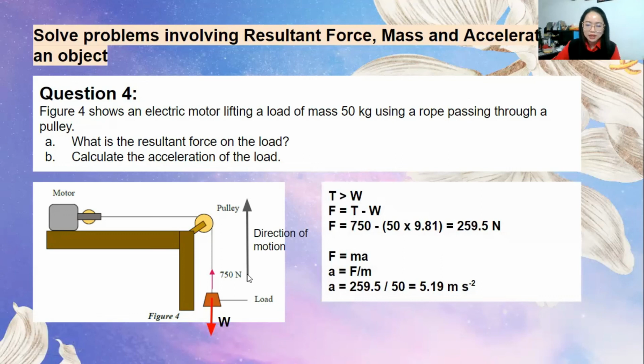I know that T will be greater than W, because it is moving upward. So F is equal to T minus W, 750 minus 50 times 9.81, I get 259.5 Newton. Next, I'm going to find my acceleration. F is equal to ma, a is equal to F over m, so a is equal to 259.5 divided by 50, I get 5.19 m/s². So that's what I have.